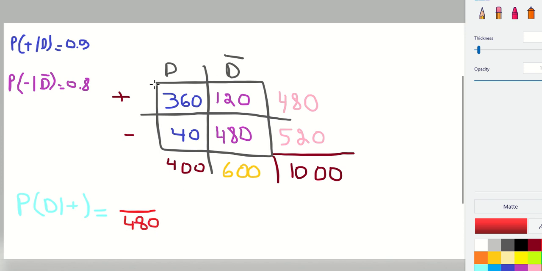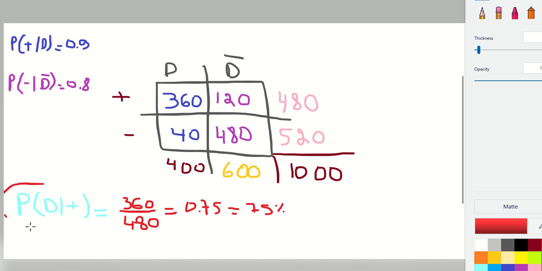Now out of those, the question is how many actually have the disease? This is the success, the disease. It's only 360. And 360 divided by 480. Let me calculate that. I'll be right back. So it turns out this is equal to 0.75, that is, 75%.